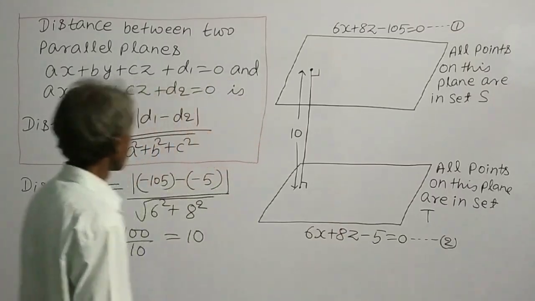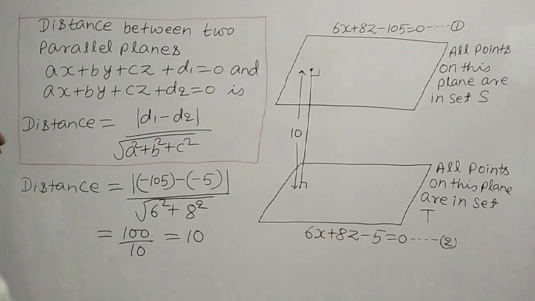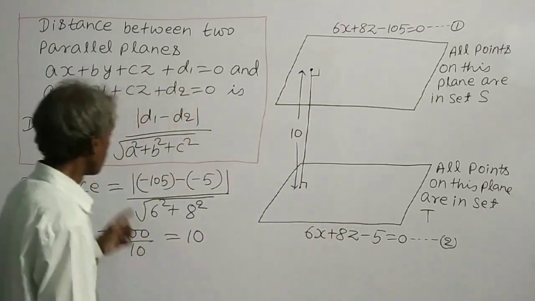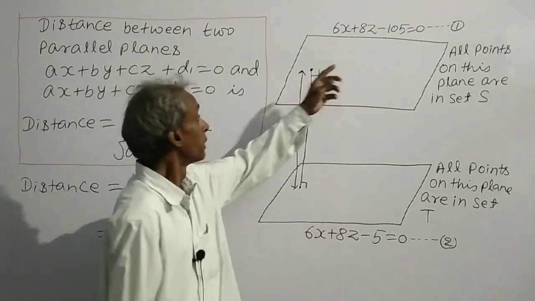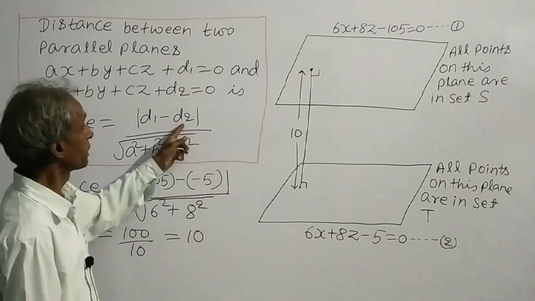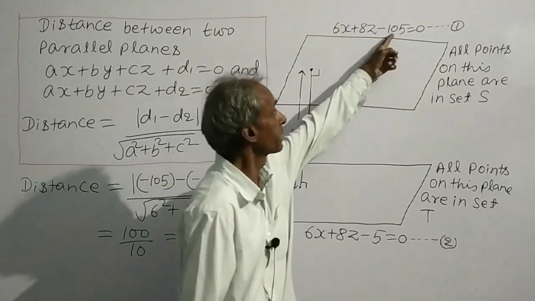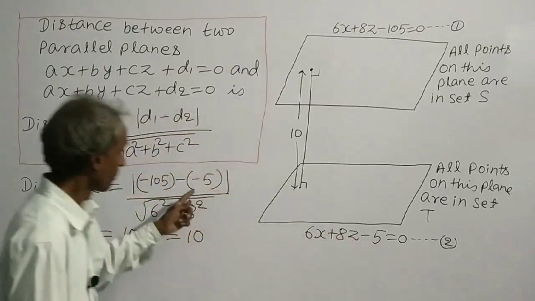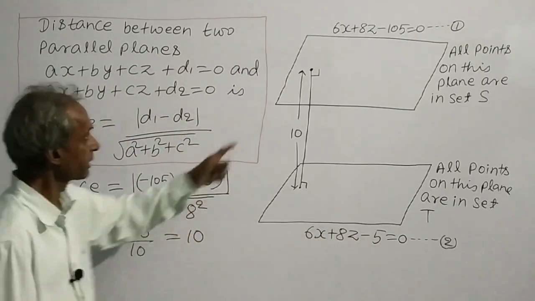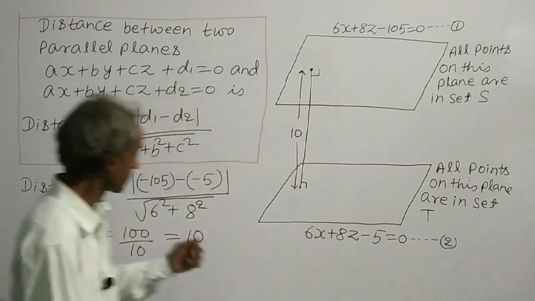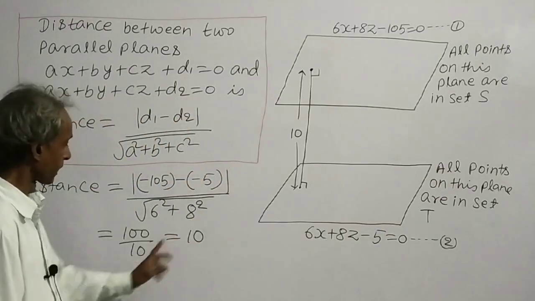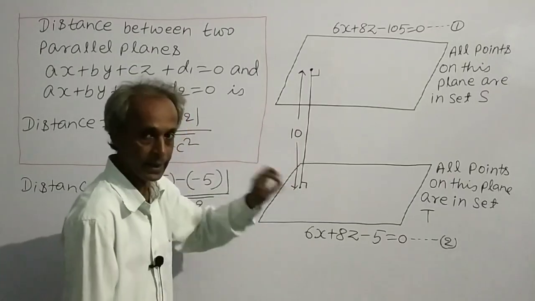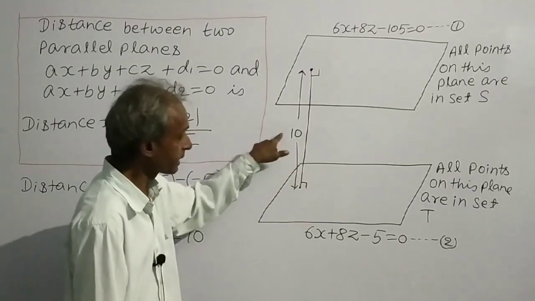Therefore, by applying this formula, the distance between these two planes will be equal to mod of minus 105 minus 5 divided by root under 6 square plus 8 square, that is equal to 10. The distance between these two parallel planes is 10.